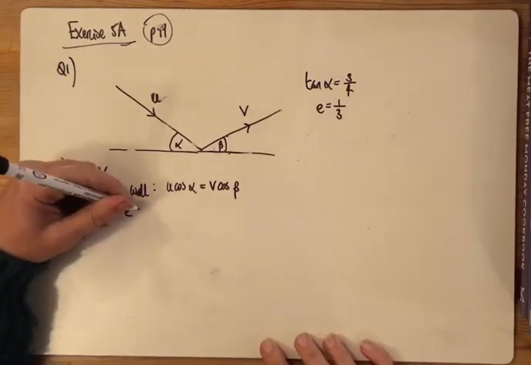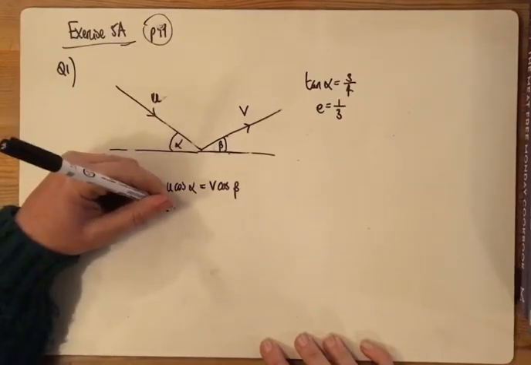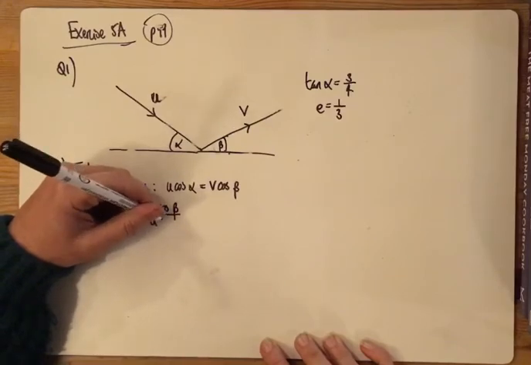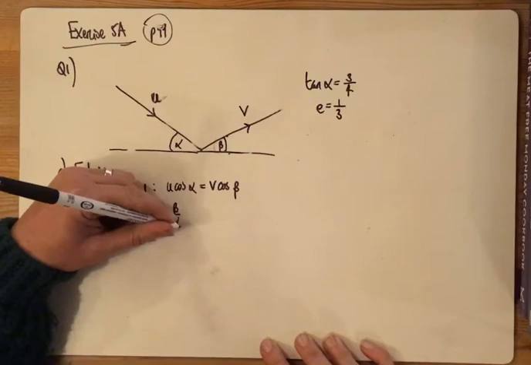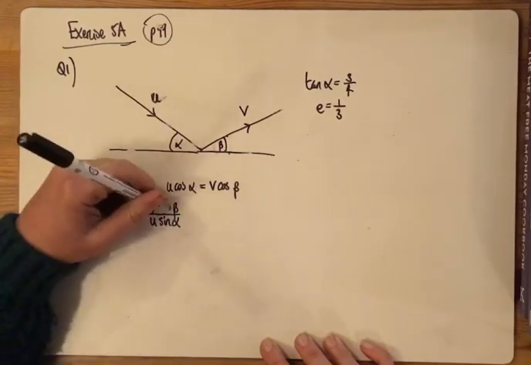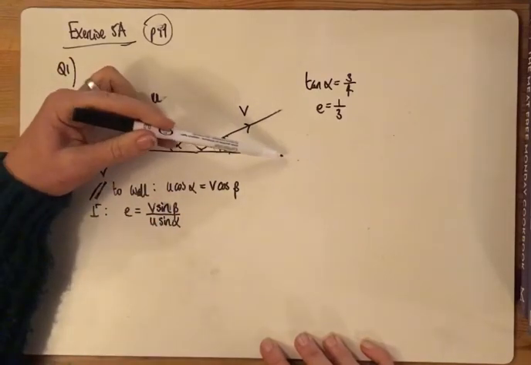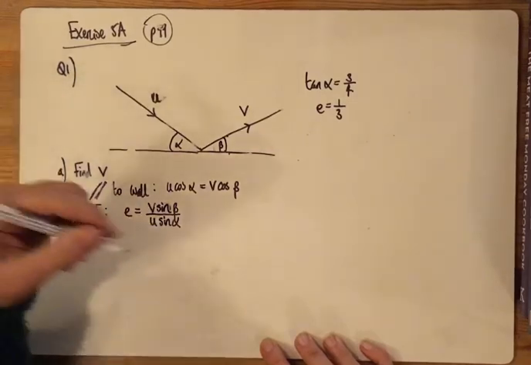So e is equal to speed of separation over speed of approach, and we're dealing with speed here. I've written down the wrong thing, it should be a sine, sorry. So v sine beta over u sine alpha will give you e.